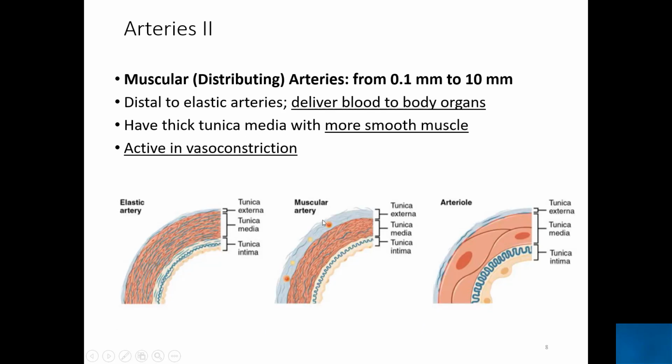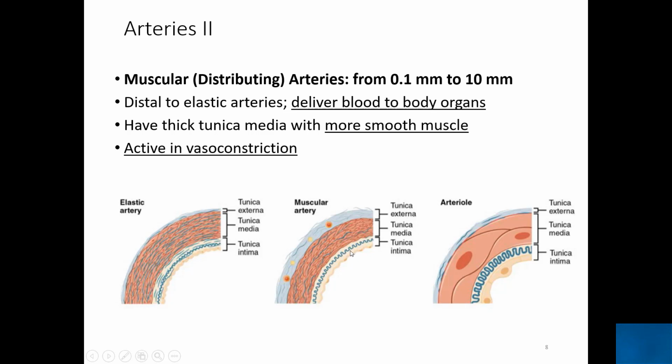Next one, second, muscular arteries. They have smaller diameter, from 0.1 millimeters to 10 millimeters, and they deliver blood to body organs. Very often they are even named after the organs they deliver blood to, like hepatic artery carries blood to the liver, gastric artery to the stomach, or for example ovarian artery to the ovaries.